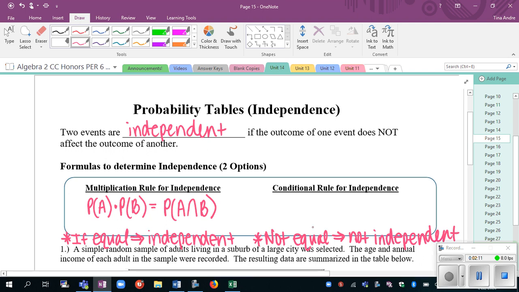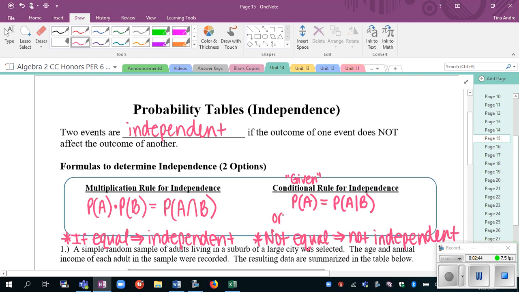The other option is the conditional rule. Remember, conditional means that there's a given. So the conditional rule says the probability of A is equal to the probability of A given B. This would show that events A and B are independent if these two probabilities are equal. The probability of A out of everything is the same as the probability of A given that event B happened.